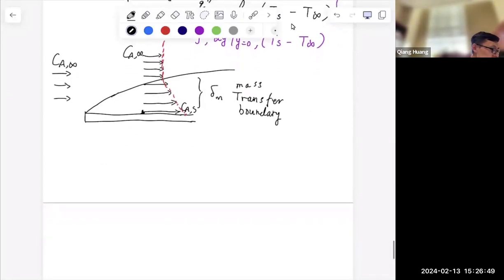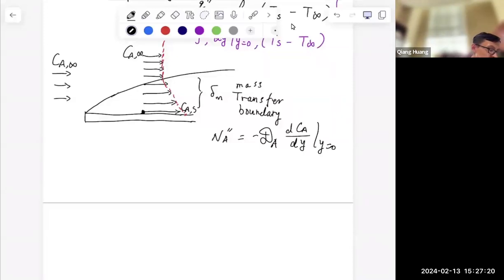And from the physical understanding, what happens is that the mass transport in the vicinity right on top of the surface is by diffusion. So the mass transport flux equals the concentration gradient at the surface times the diffusion coefficient.